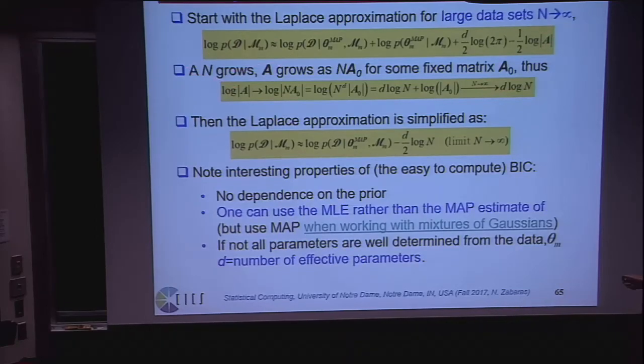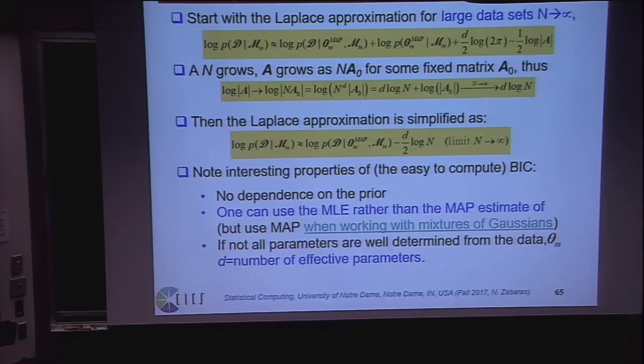As n goes to infinity, I am claiming here, and actually you can prove this, but you can also use common sense, that the precision matrix A grows as n times some fixed matrix, say A0, where n is the data size.